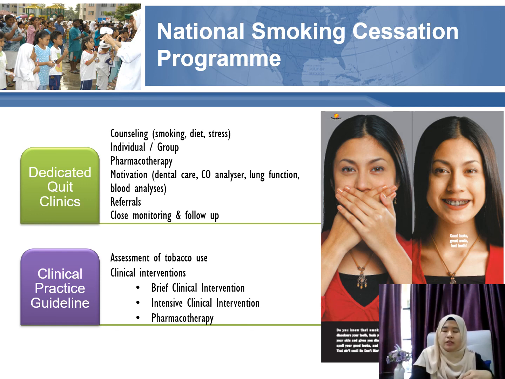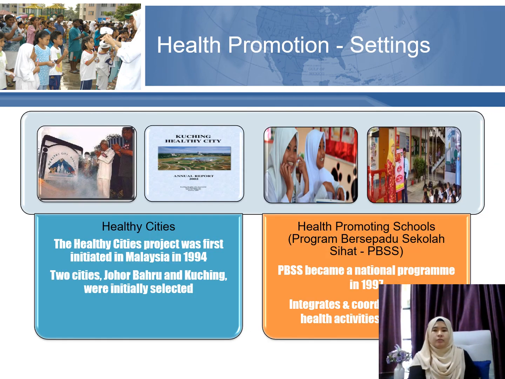Okay, because the current situation in Malaysia right now is we have a lot of vapers, okay, and it's not only for the male, female also, vape and smoking. Then in terms of settings, the health promotion in the settings, healthy cities, okay, health promoting schools, okay.